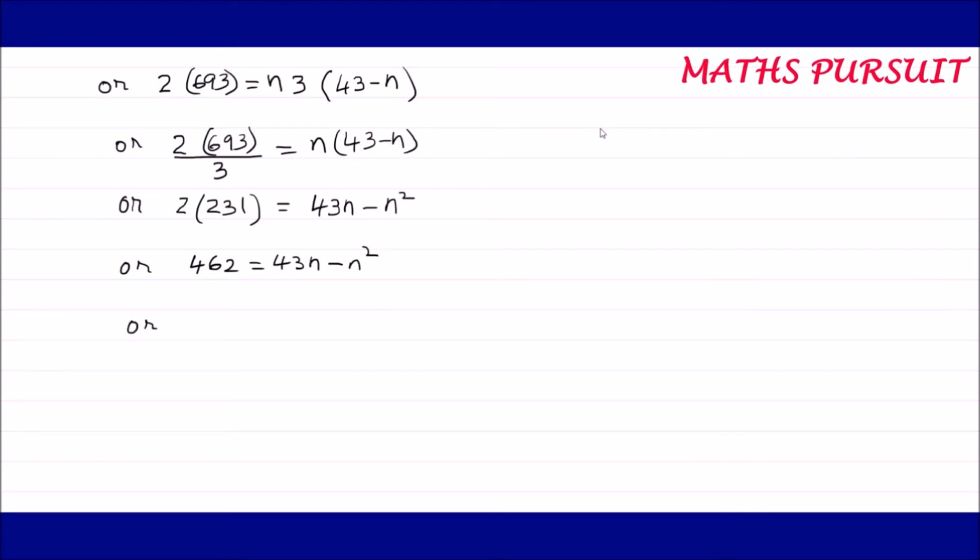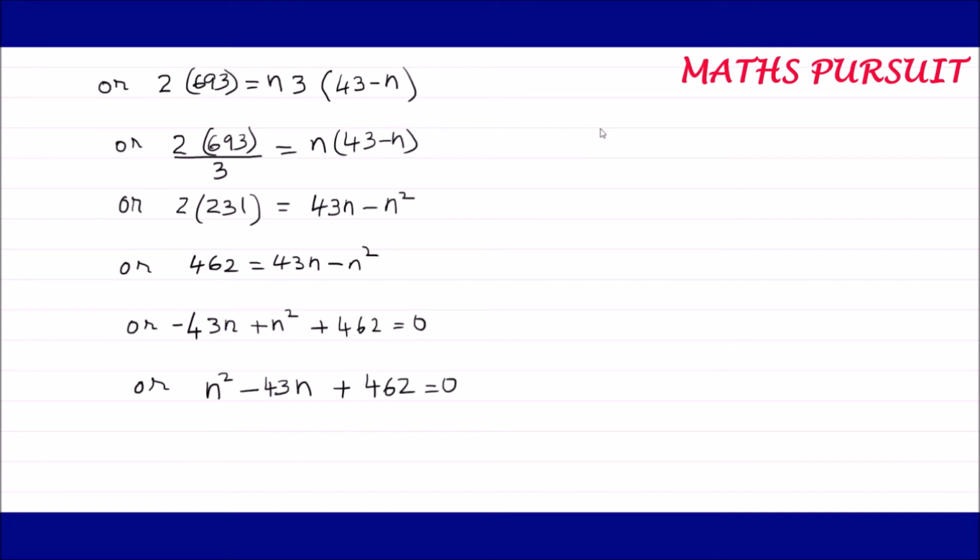Let us get this 43n minus n square to the left of this equation. So we are left with minus 43n plus n square plus 462 is equal to 0. Let us rearrange this equation as n square minus 43n plus 462 is equal to 0.